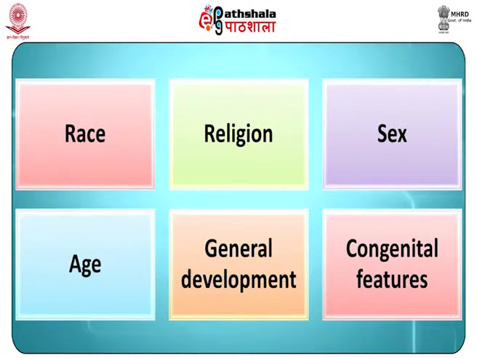The points which are considered for the establishment of identity include race, religion, sex, age, gender development, and lastly, different kinds of congenital features, for example, personal appearance and anthropometric measurements.